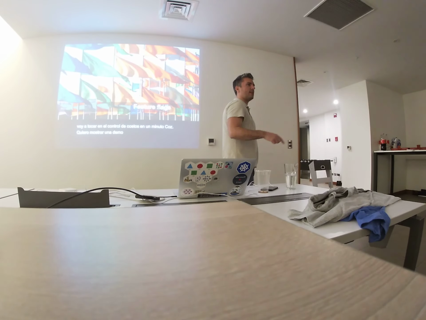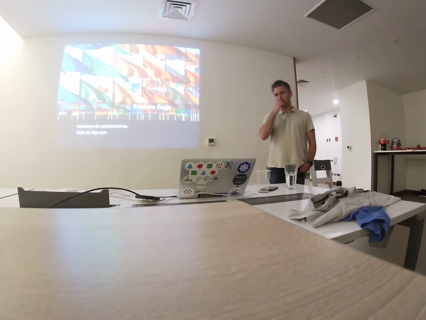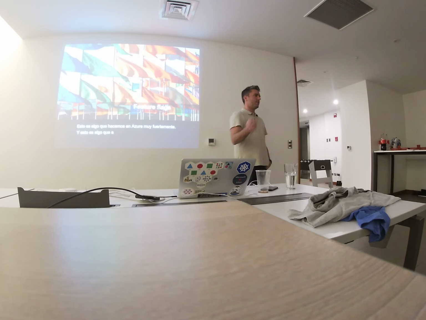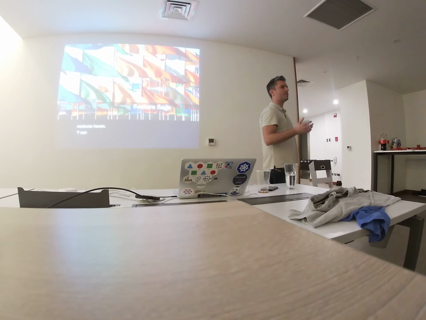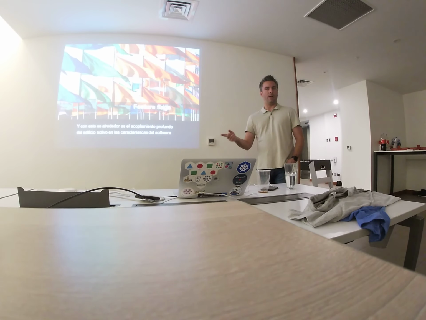For feature flags, this is something that we do in Azure very heavily, and this is something that at scale, a lot of mature organizations do. What this is around is decoupling the act of building and shipping software features from turning those features on, right?